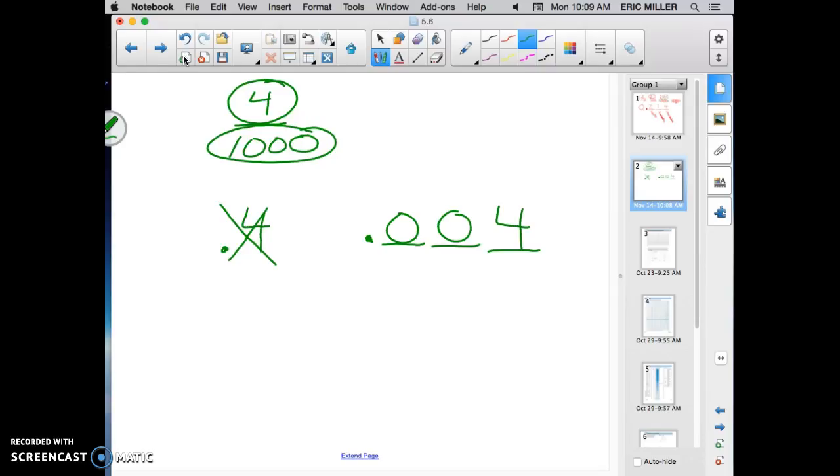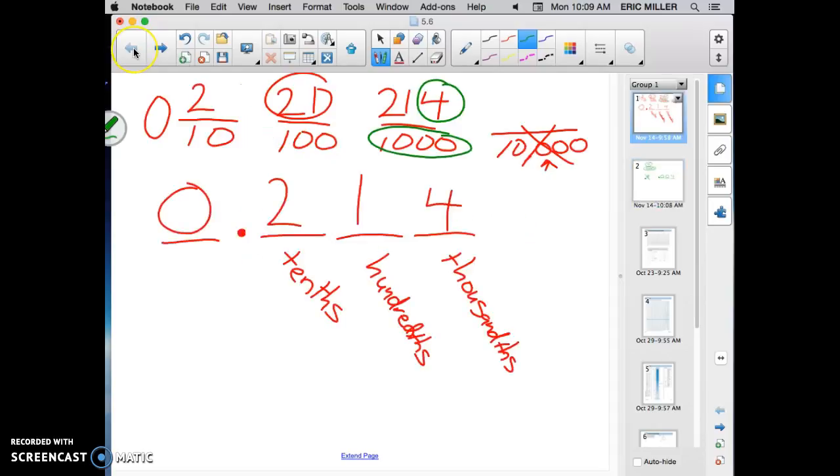They don't have any value, but they make it so that my 4 is the correct distance away from the decimal point. That's why it's important to pay attention to the denominator. Going back a page, the numerator tells you what number to put there. The denominator tells you where to put it.